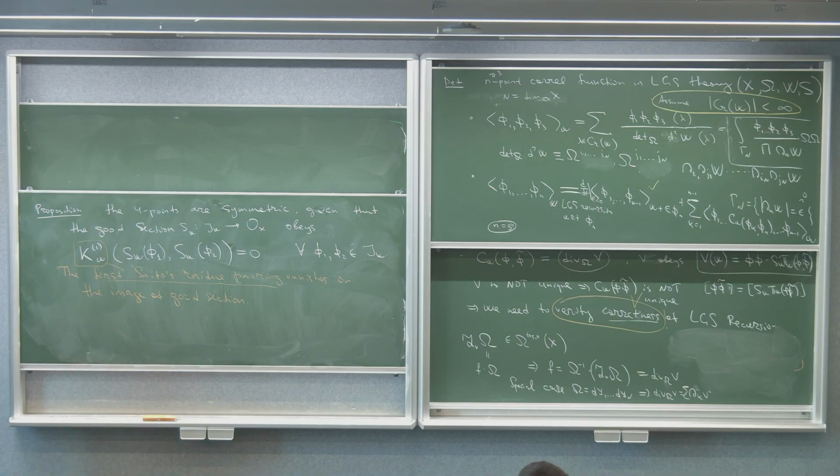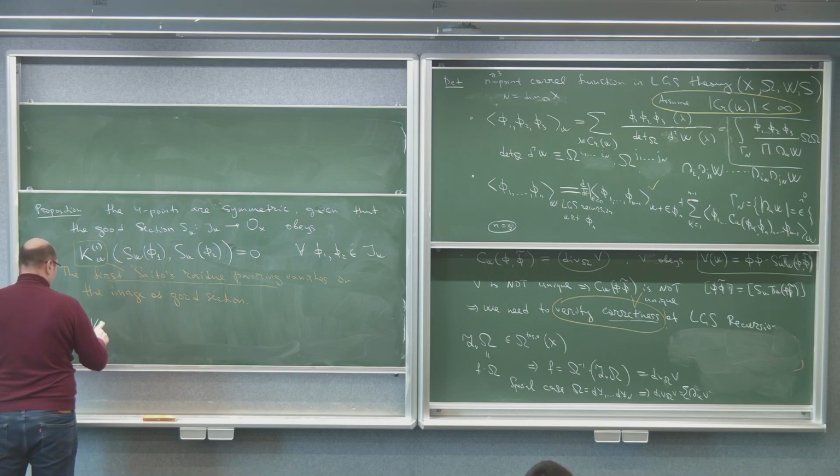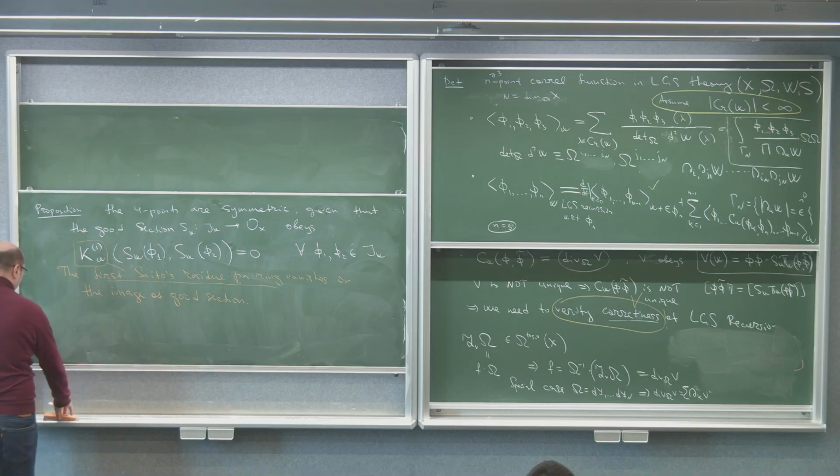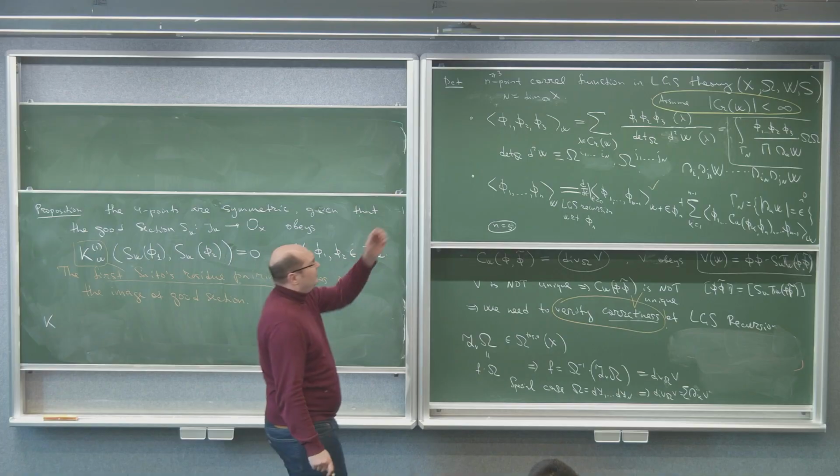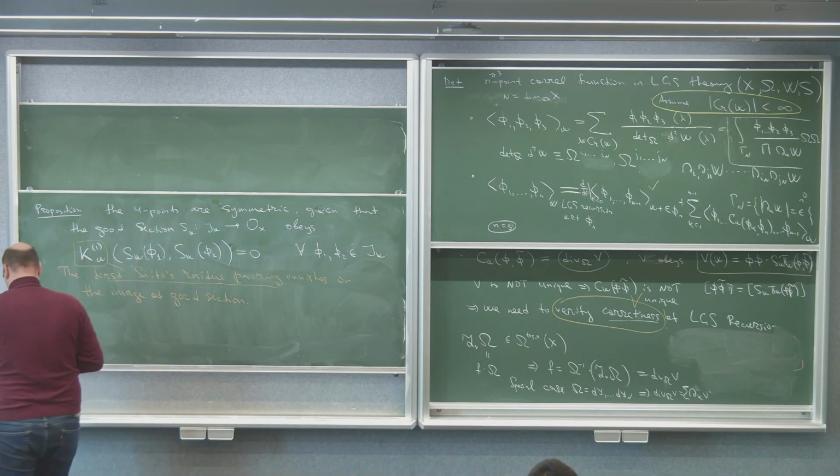So for K1, let me give you an explicit formula in one dimension. Okay, so in the one-dimensional case, we had some residue formula for 3-point functions in one dimensional case and to high dimensional.